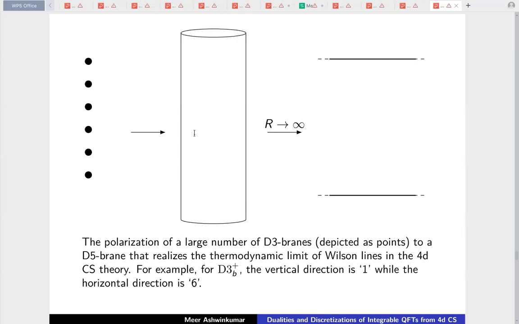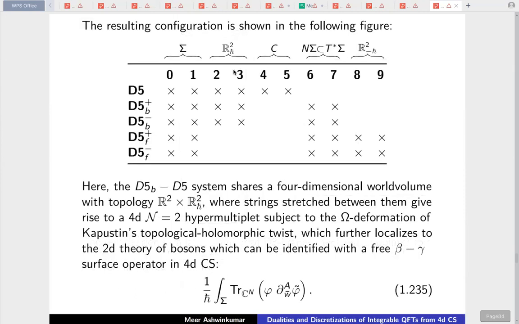And then there's a polarization, which results in these branes having this tube topology, and basically they become a higher dimensional object. And if I consider an infinite number of these D3 branes, I have this cylinder decompactifying into a plane. So in this manner, if I have a very large number of D3 branes in string theory, this gives me a D5 brane. And then I end up with this configuration.